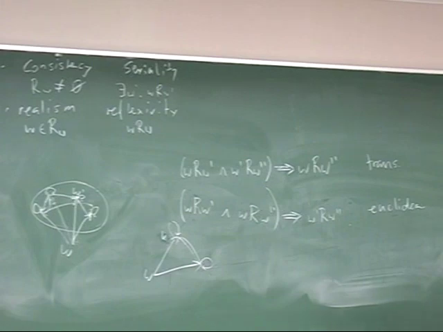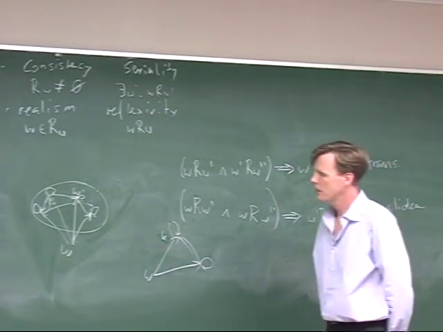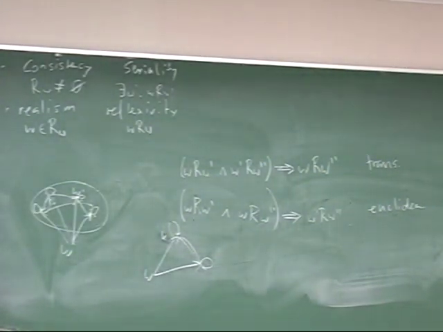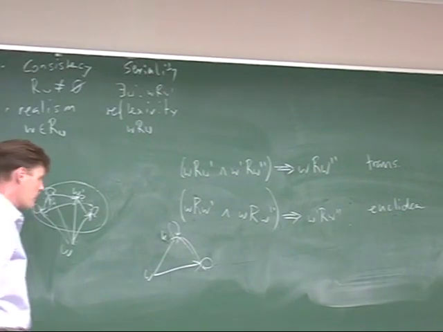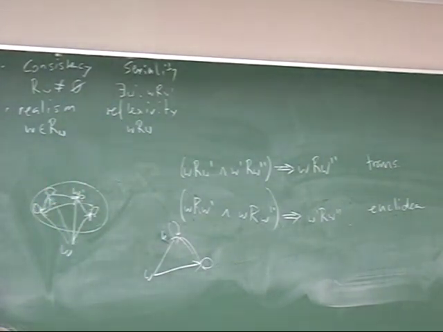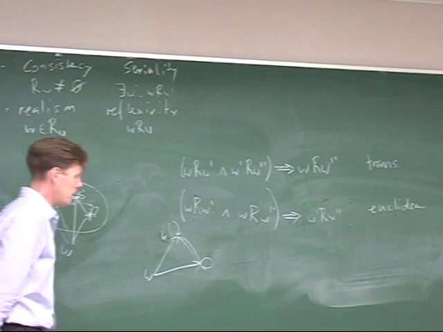So for example, doxastic modal bases are about belief. They are usually considered to be serial, transitive, and Euclidean. That is, from every world you go somewhere, so your beliefs are consistent. And you have these two properties of positive and negative introspection.